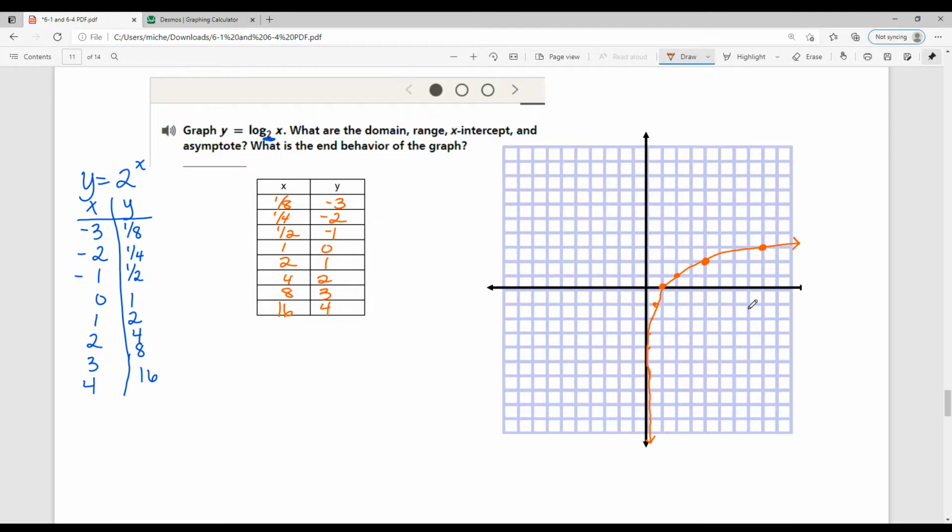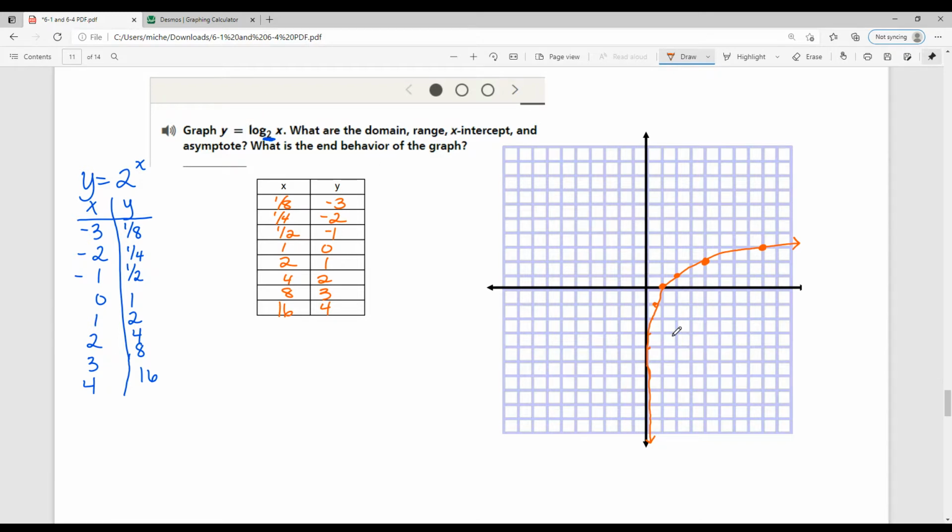So here's what I'm looking at. Instead of a graph that starts slow and grows quickly, I have one that grows quickly and then starts to level out towards the end. So this is what we call a logarithmic function, but for shorthand, we say log base 2.